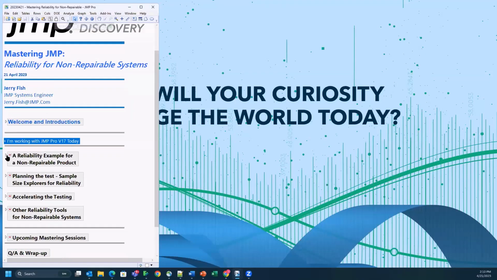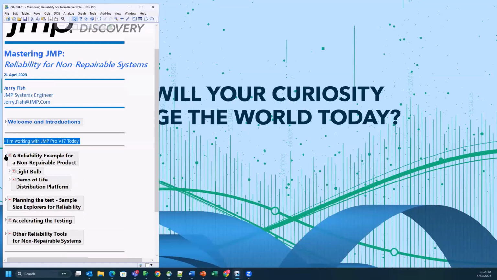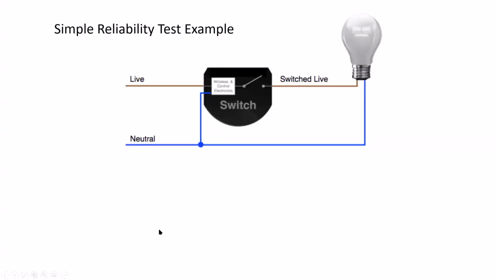All right, today we're talking about reliability. And I'm just going to start with a light bulb example. And let's see if I can make this work now. There we go. So this is a pretty simple little example. It's kind of goofy, but it illustrates what we're trying to do with reliability, just to get everybody on the same page.